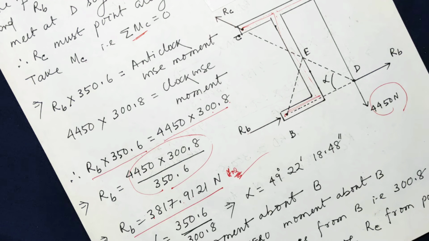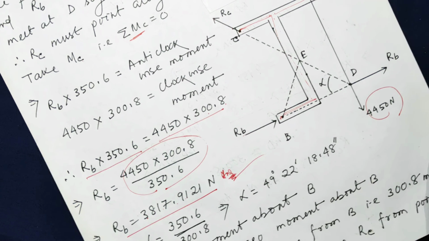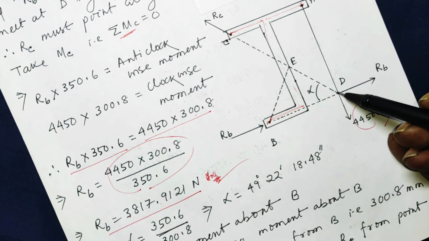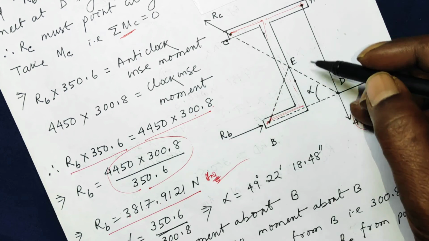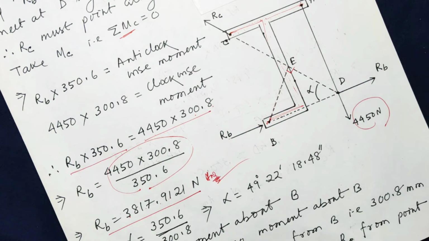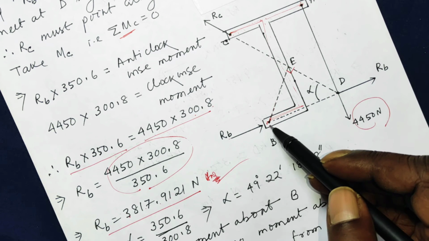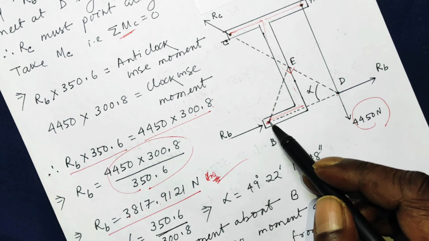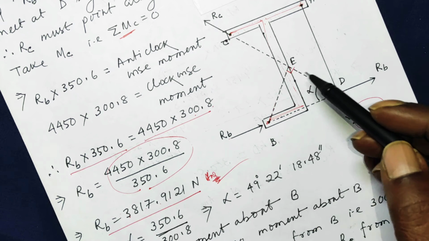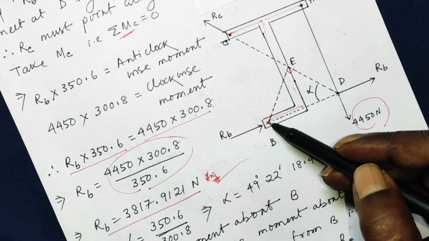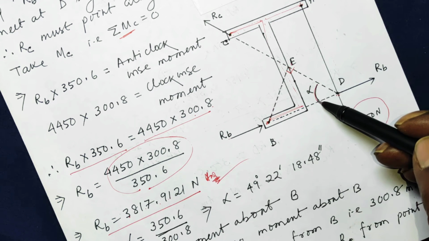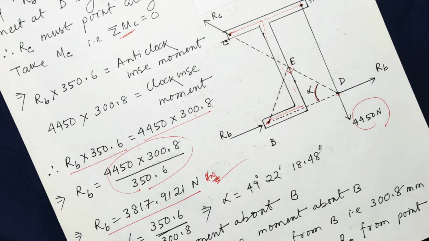Then let me draw a perpendicular here on the line DC. This is 90 degree. So in the triangle BDE, which is right angled at E, BD is the hypotenuse, EB is the perpendicular, and ED is the base, if you consider this angle as alpha.